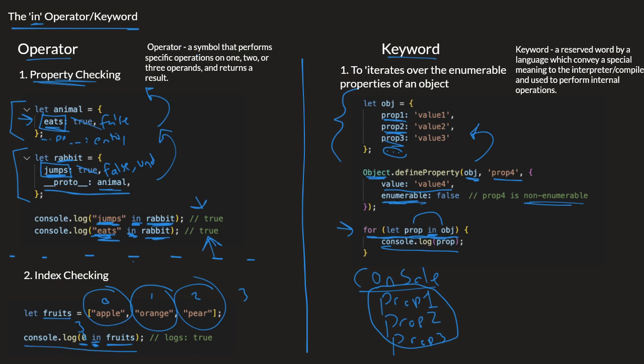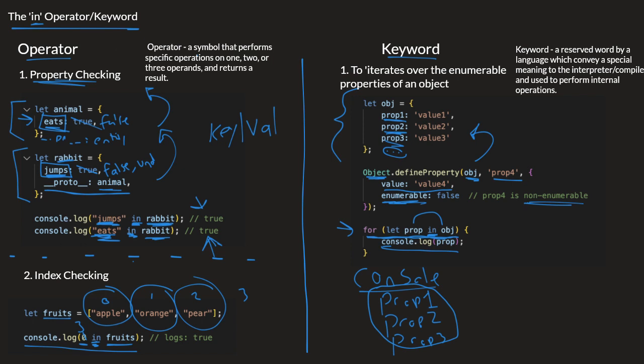Now, the way I like to think about this, the way it's easiest for me to remember, is usually we don't look at arrays as key value pairs, right? Objects, we do. It's easy to look at an object and think of it as key value pairs because that's what it is. But usually when we think of arrays, we think of a sequence of elements.